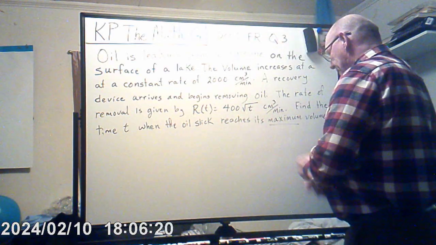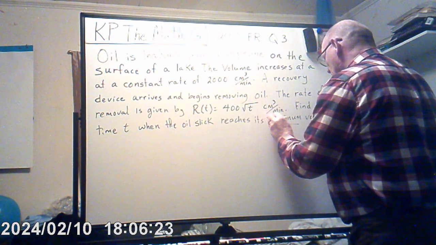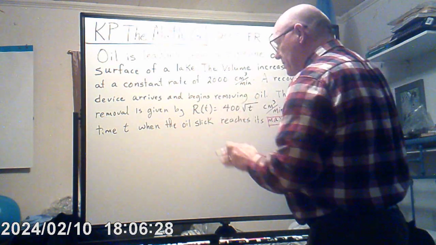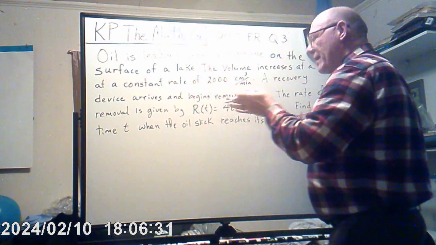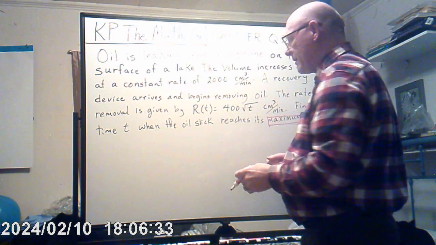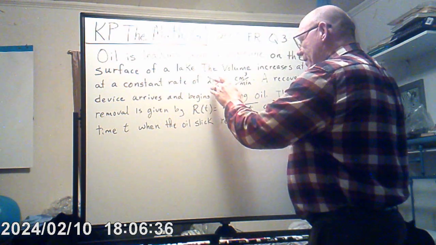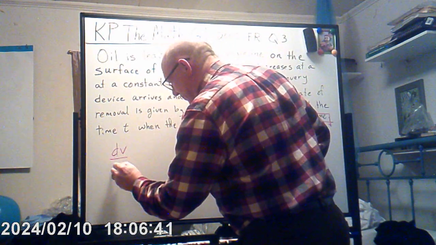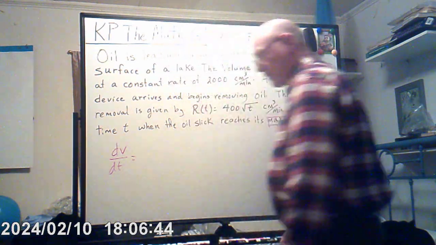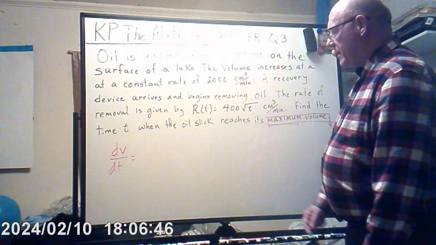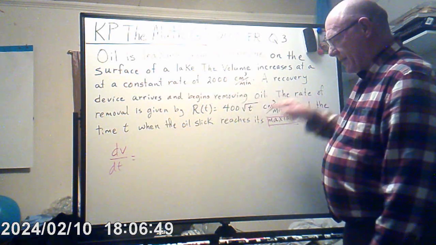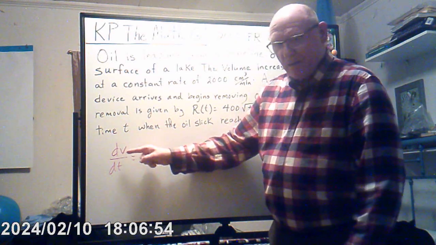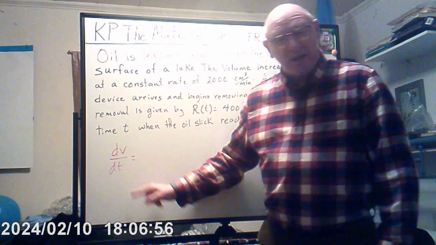A maximum volume. Now, we need not take a derivative or an antiderivative or anything like that. What we want to do is take these rates. So this is not just V, it's dV over dt, which is a rate.